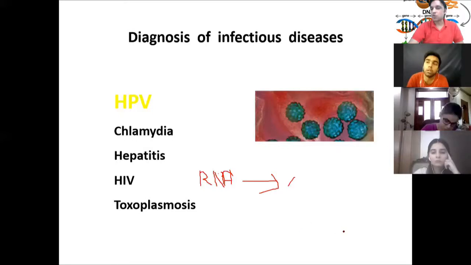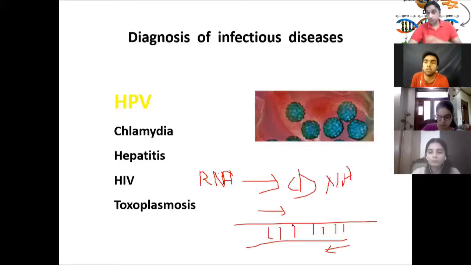All you need to do is to design a primer which can specifically bind with the sequence of the coronavirus, SARS-CoV-2. If the SARS-CoV-2 virus is there in the patient sample, it will give off RNA.